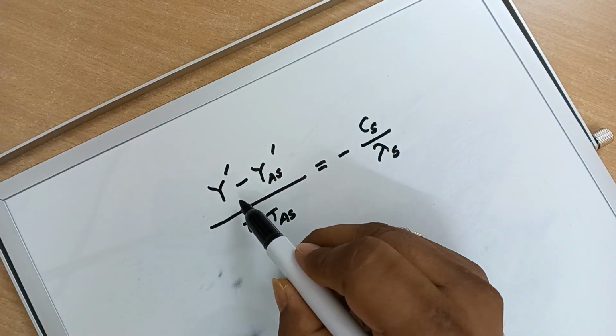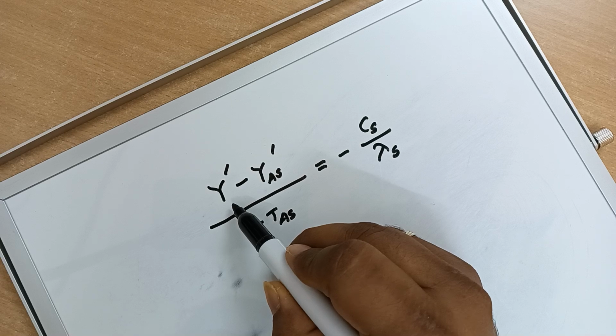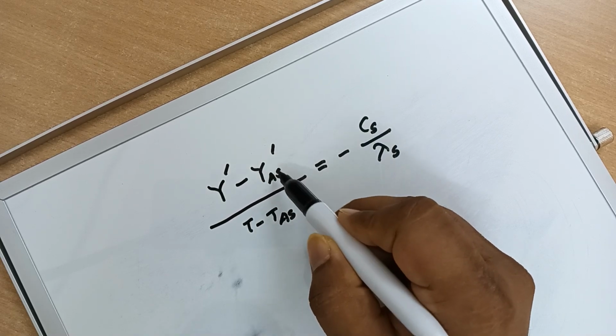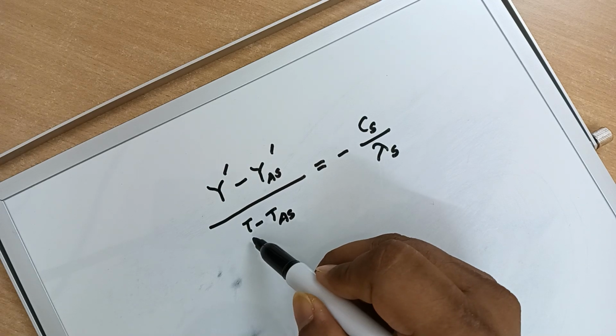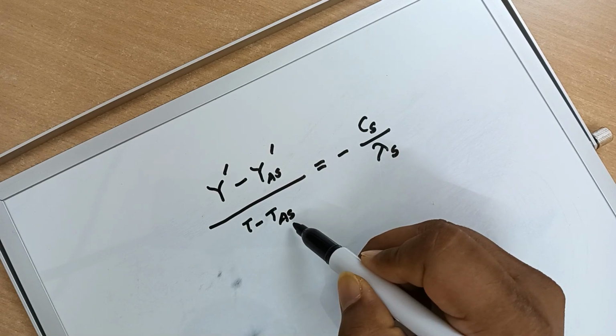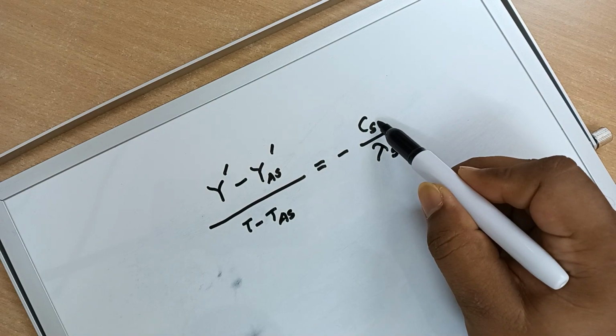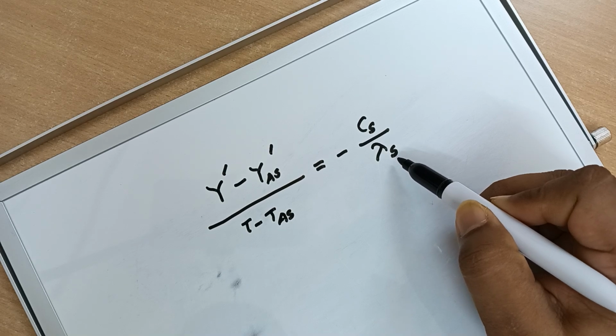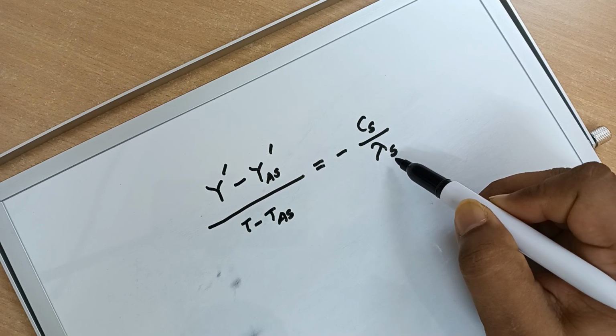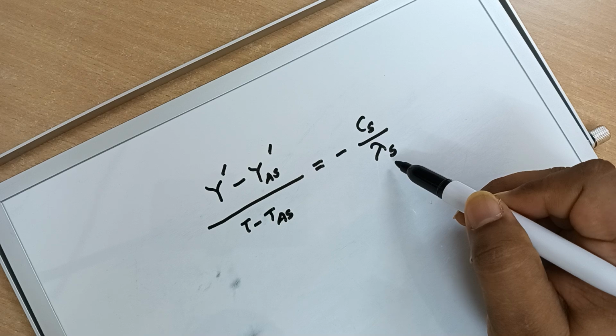Here y prime stands for absolute humidity, ys prime stands for adiabatic saturation humidity, T is the dry bulb temperature, TAS stands for adiabatic saturation temperature, Cs stands for humid heat, and lambda s stands for latent heat of vaporization of water.